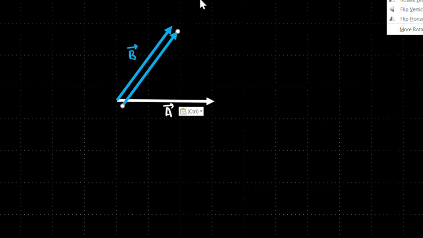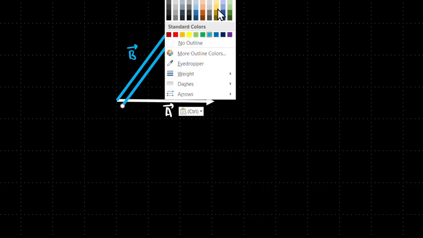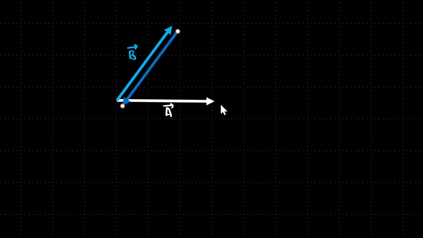Let's make it a little bit different shade of blue so that you know that it's different. If I flip it around 180 degrees, then this is not going to be vector B anymore. It's going to be minus vector B, since we changed the direction by exactly 180 degrees.